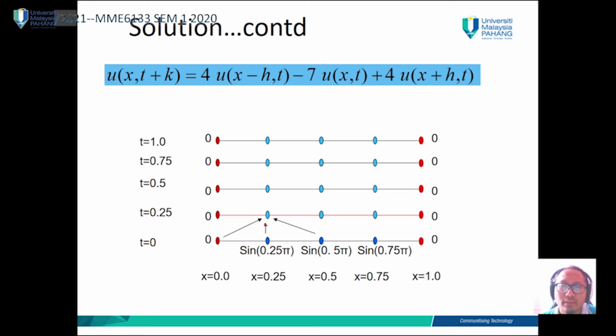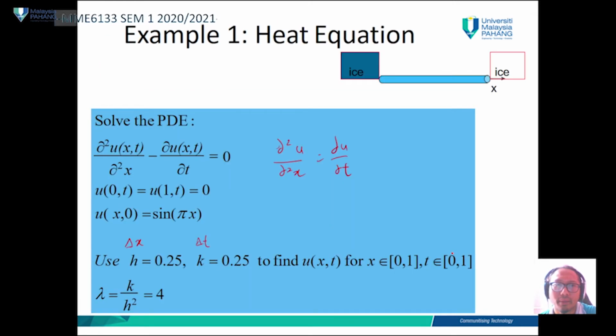So we need to find the temperature. We know that at this part it is equal to 0. This is all equal to 0, and at this part it is all equal to 0 also, from the boundary conditions, and at this part it is all equal to sine pi x.